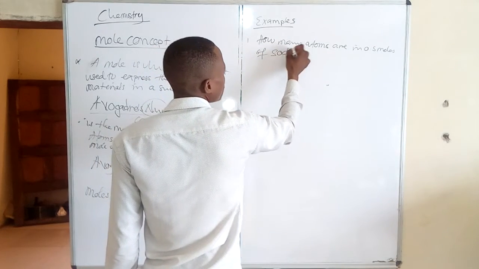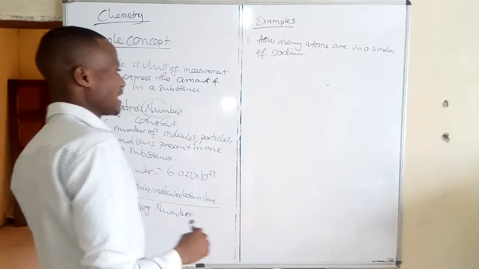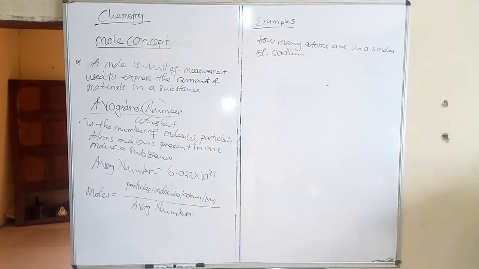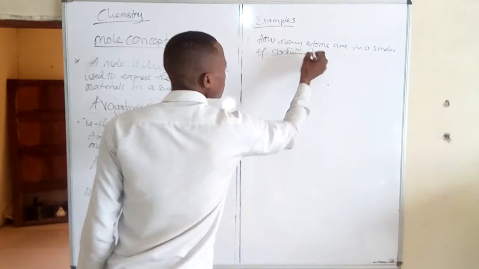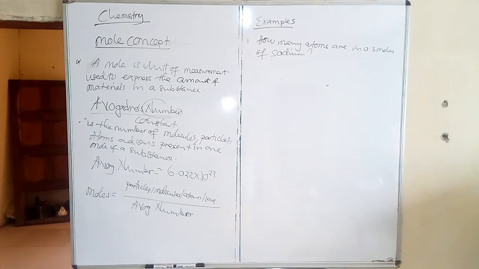Sodium is a metal found in group 1 of the periodic table. So how many atoms are in 0.5 moles of sodium?